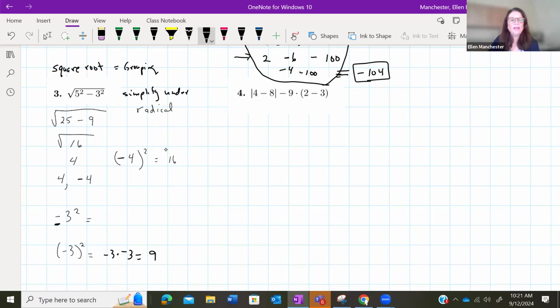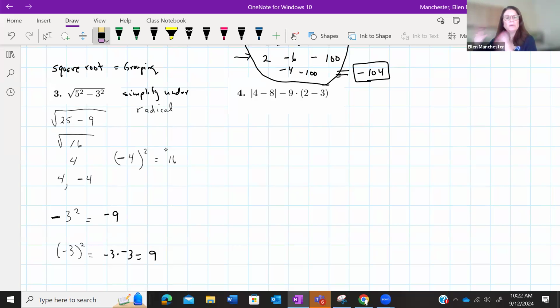So what this is saying is 3 squared is 9, but then I want the opposite of that. So it's a -9. So these are two completely different answers. And this is why when using a calculator, people get them wrong all the time. Because if they're entering -3 squared on your calculator, it's reading it as the opposite of 3 squared, as opposed to parentheses -3 and then parentheses squared.